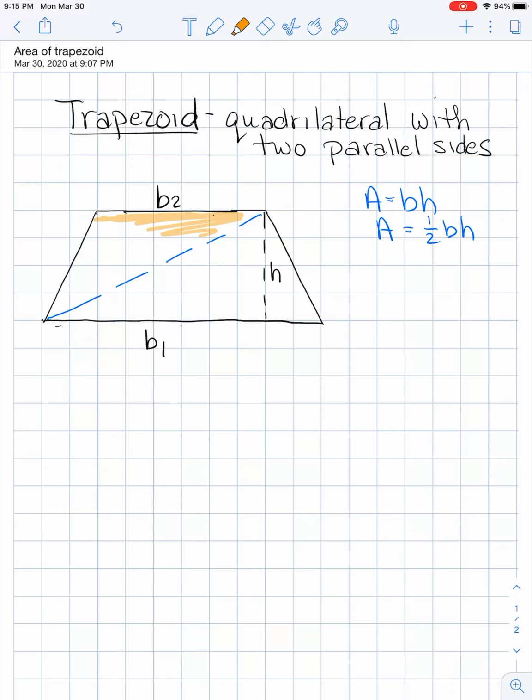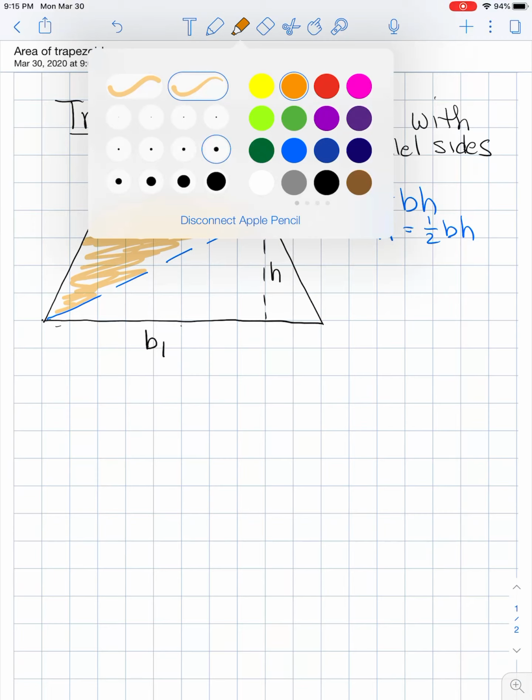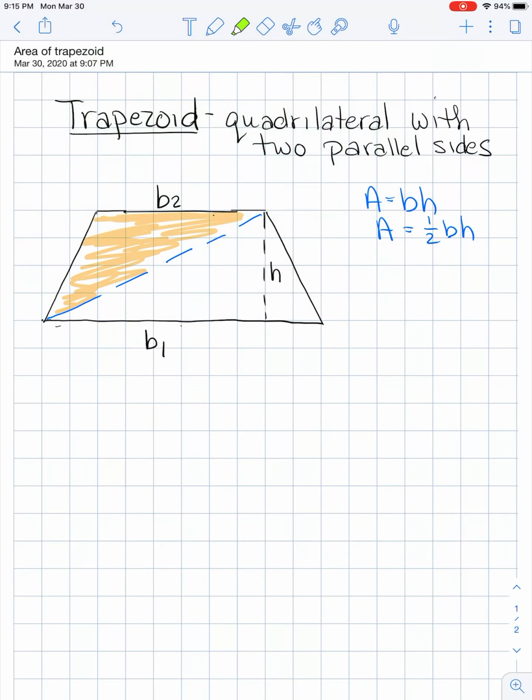So this is one triangle, and this is the other triangle. So it's kind of like a compound figure, right? Except the two figures are two triangles. So what we need to do is find the area of both triangles.